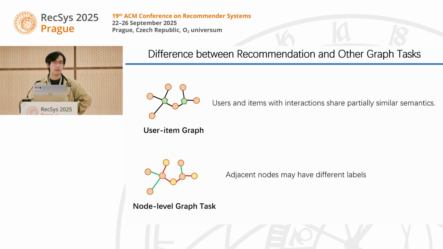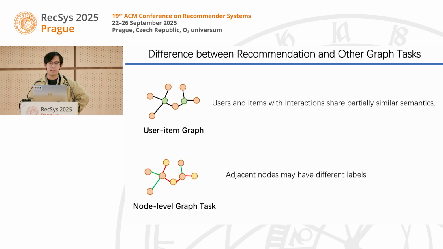First, in recommendation, users and items with interactions share partially similar semantics, so we can treat all edges in the user-item graph as positive edges. But for other graph tasks, let's take node-level tasks as an example, some adjacent nodes may have different labels.